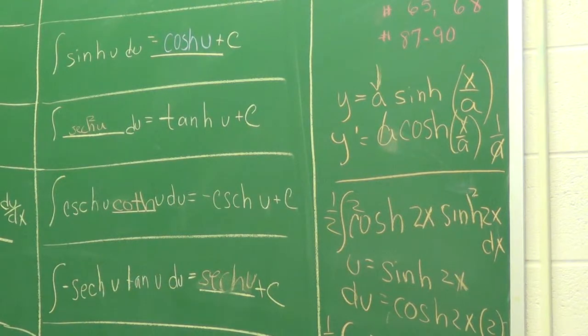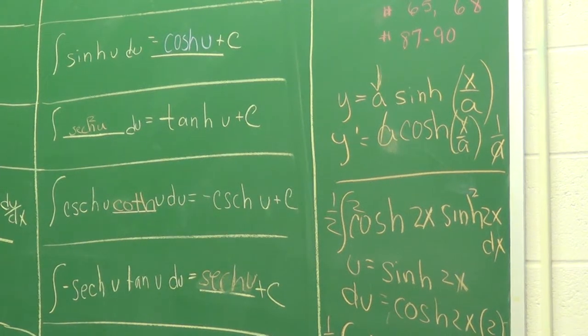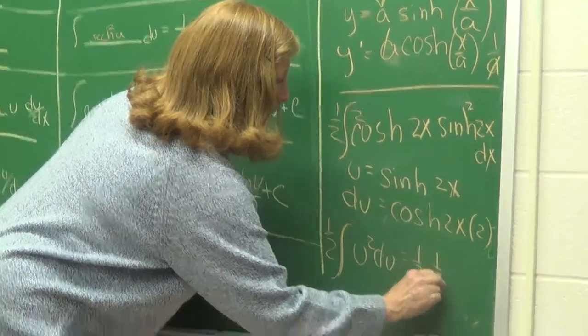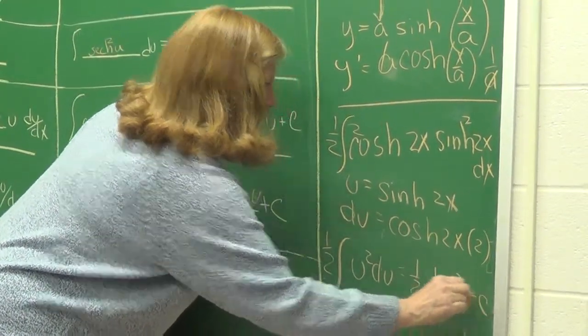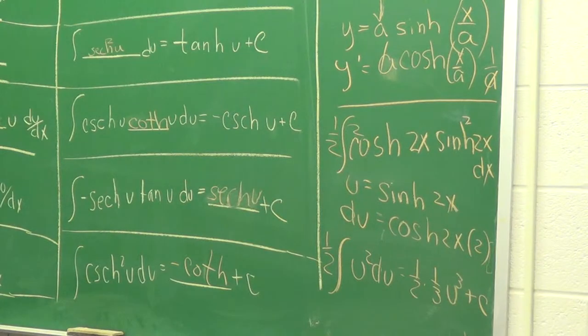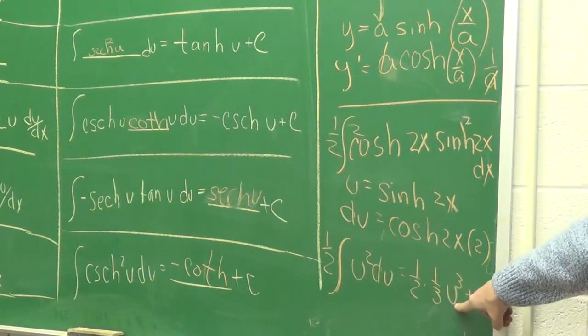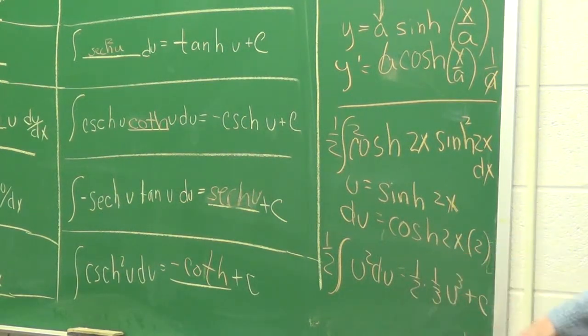So, Aaron, take the integral of u squared. 1/3 u cubed. Alright. And when we put the substitute back in, can you clean it up for us, Jonathan? Put the original u back in and clean up the fractions.